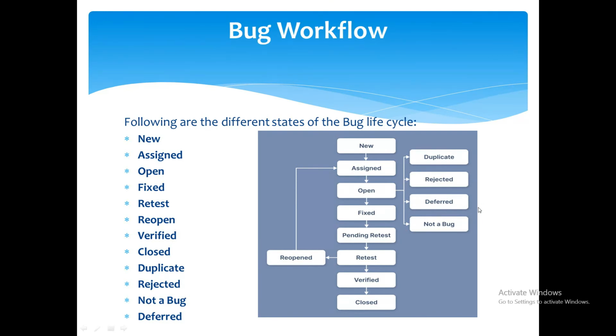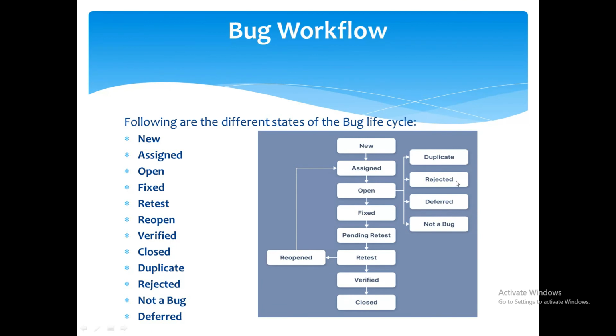If the bug still exists even after the bug is fixed by the developer, the tester changes the status to reopen. The bug goes through the life cycle once again. And closed. Once the bug is fixed, it is tested by the tester. If the tester feels that the bug no longer exists in the software, he changes the status of the bug to closed.